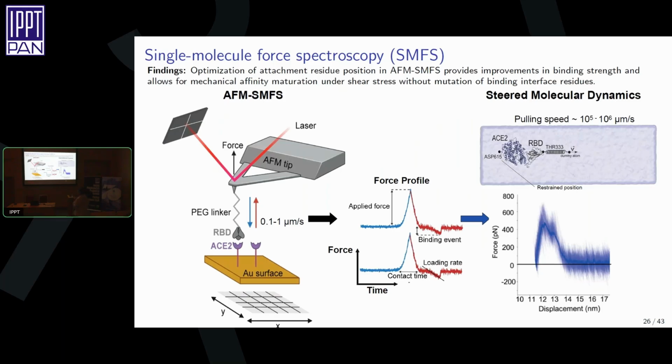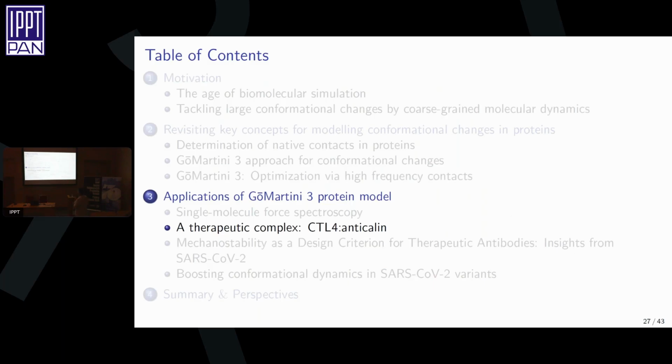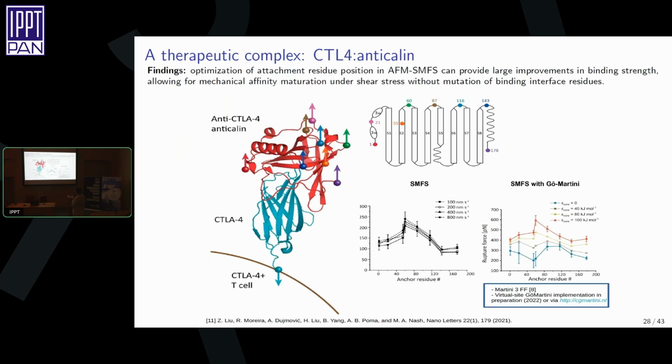So the idea was to replace this setup by coarse grain simulations, right? So how we did that basically. We started to look at some experimental data, of course. We looked at the CTLA4 anticalin, which was a therapeutic complex. And this case is basically well known.